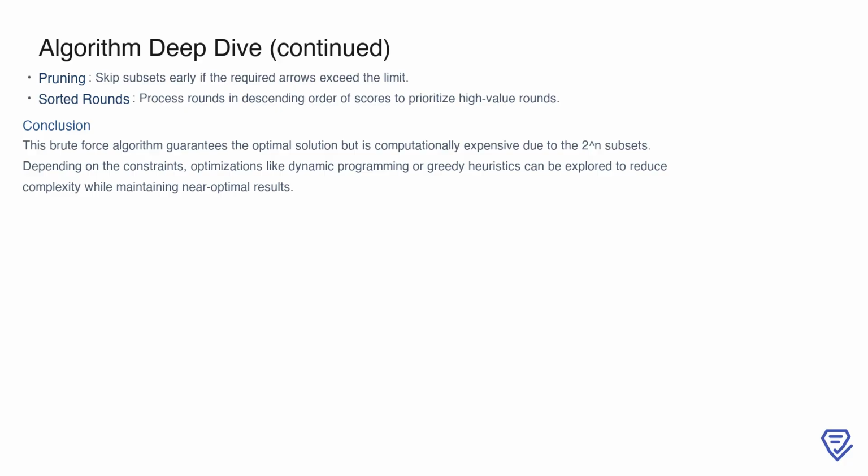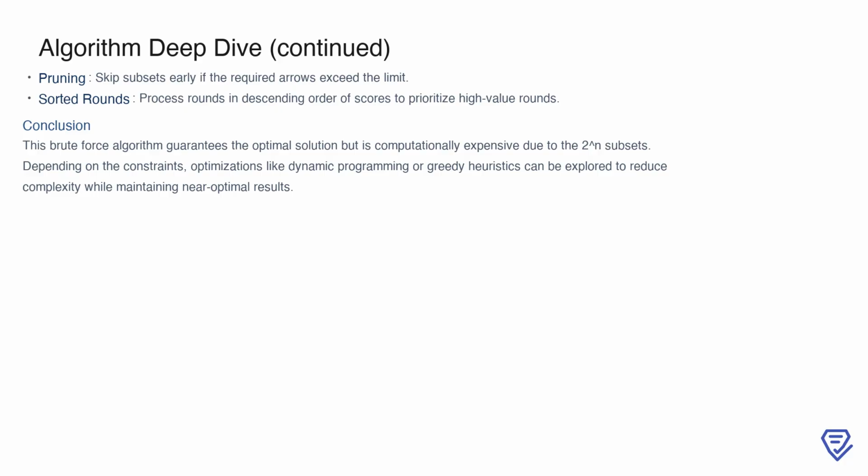To improve the brute force approach, we can incorporate optimizations like pruning subsets early if the required arrows exceed the limit. Another optimization is to process rounds in descending order of their scores, prioritizing high-value rounds first. Sorting the rounds by their score-to-arrows ratio ensures that Bob gets the most points for his arrows in a greedy manner.